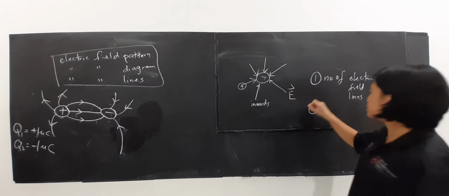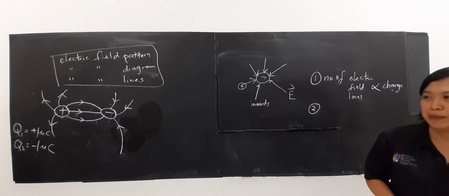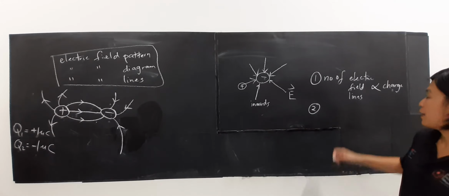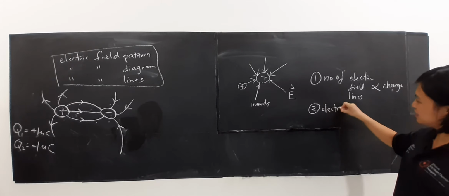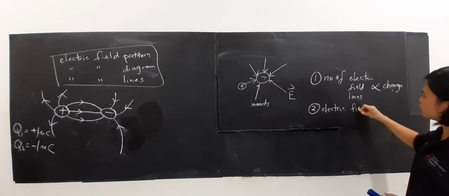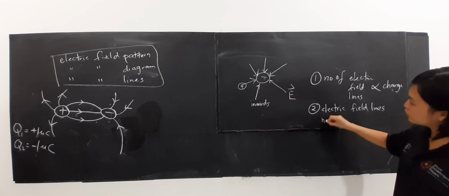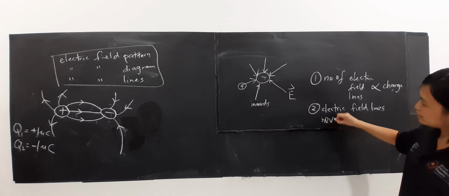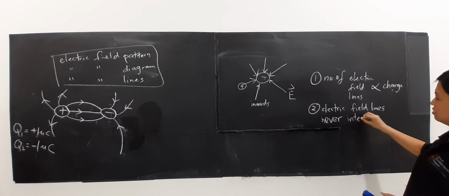The second rule will be: the electric field lines never, N-E-V-E-R, never intersect.